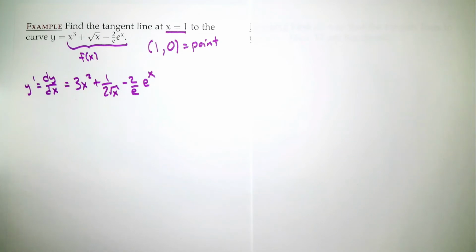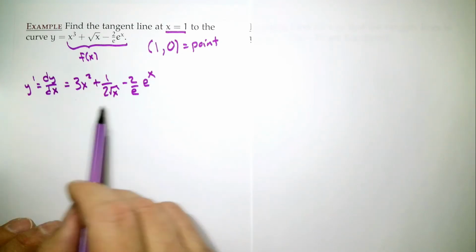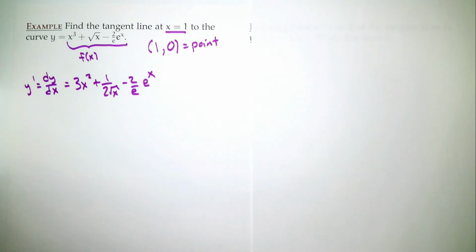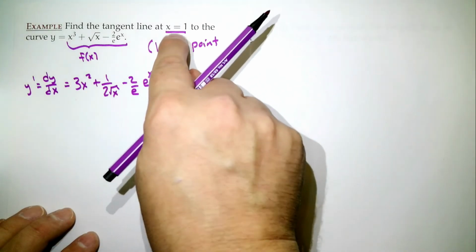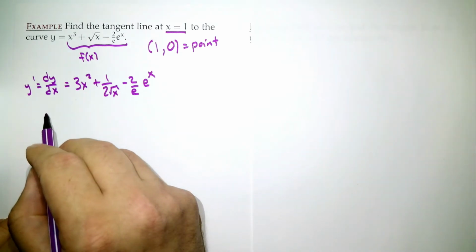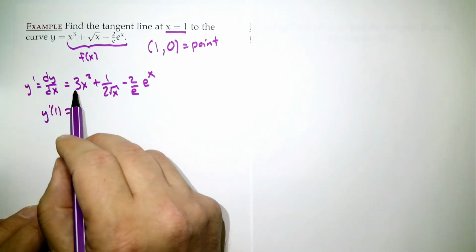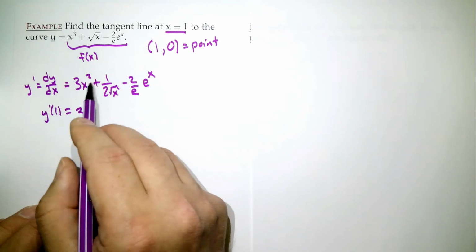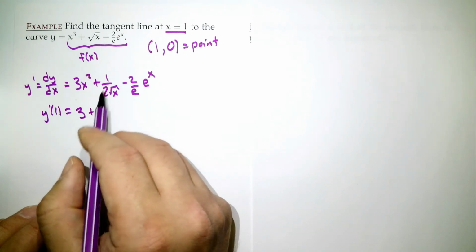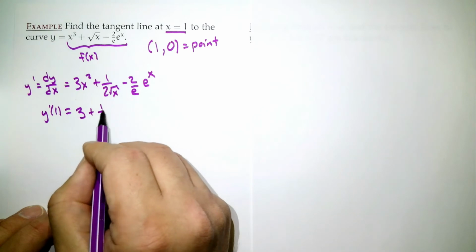All right. Now, is this my slope? No, because the slope should be a number, not a function. How do you get your slope? Yeah, you plug in your value. In this case, you plug in 1. So we're going to look at y prime at 1. All right, well, we get 3 times 1 squared, plus 1 over 2 times the square root of 1, that's 1 over 2.